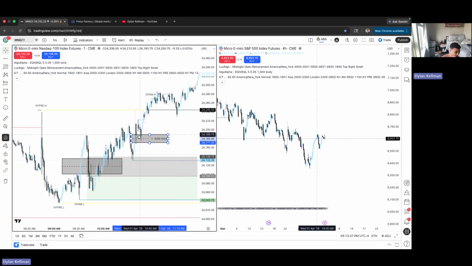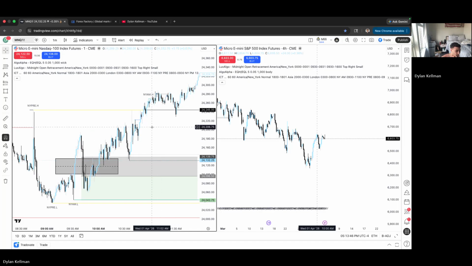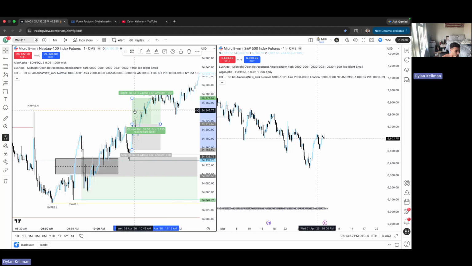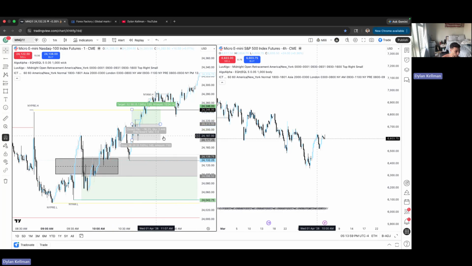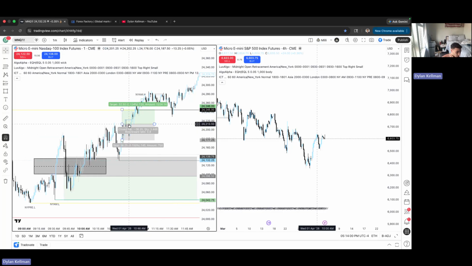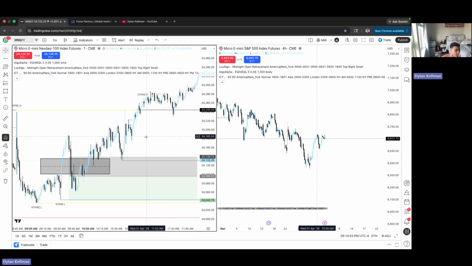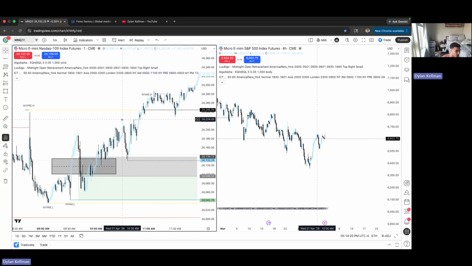The problem is you'd have to get in off of this inverse, and that's not a play you want to take. If you went here, you'd have to go break even here, and it's not great RR. You would have got stopped out, and it wouldn't make sense anyway because your break even already got hit.